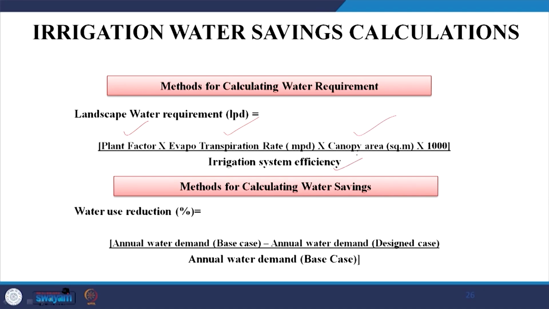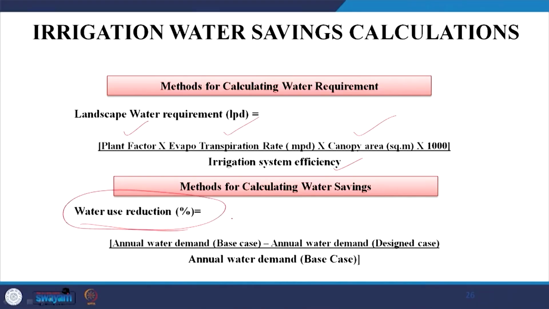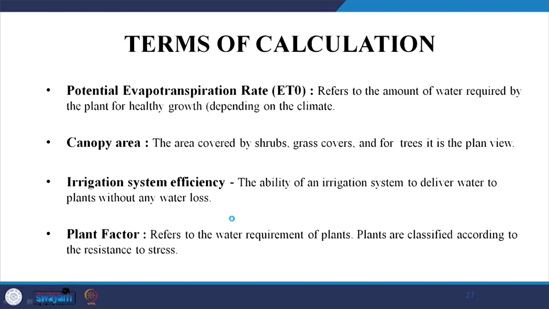When we compare this base case to the design case, the proposed case, we can actually calculate the water usage reduction in percentages. Let me explain this clearly. This potential evapotranspiration rate refers to the amount of water required by the plant for healthy growth, and it depends upon the climate.